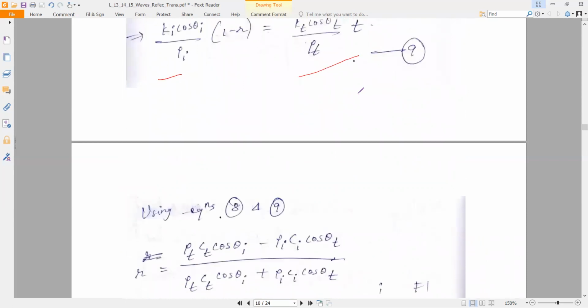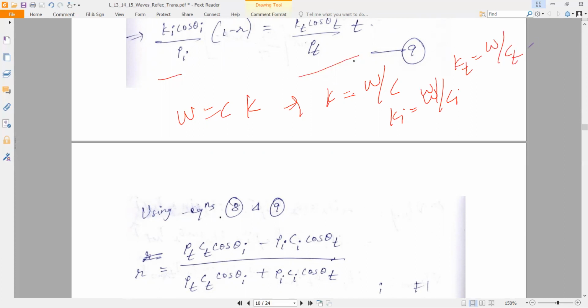So use these two equations, and use the relation ω = ck, which means k is nothing but ω by c, right? So k_i is nothing but ω by c_i, and k_t is nothing but ω by c_t. So all I am going to do is two equations and two unknowns. What are the unknowns?